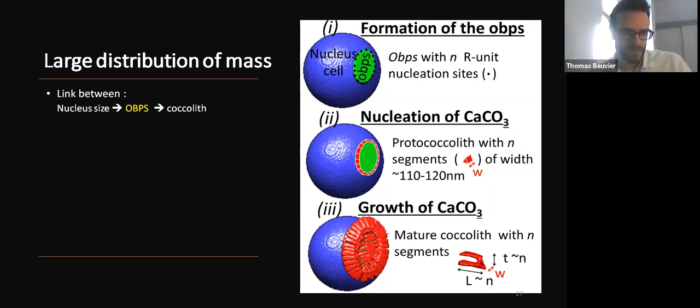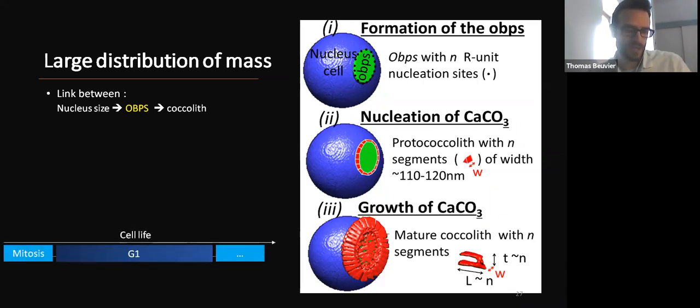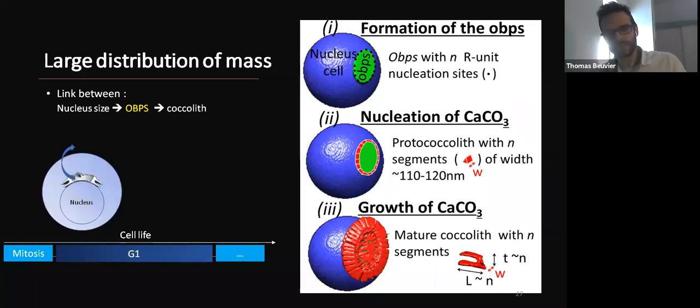But to explain why there is such large polydispersity, maybe we can propose this scheme. When we look at the life of the cell, just after the mitosis, just after the division, the cell is small and the nucleus is small, and we can imagine that the coccoliths which are formed when the nucleus is small will be small.